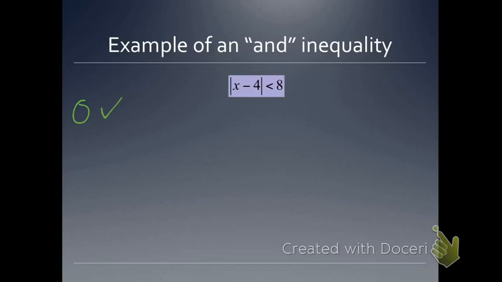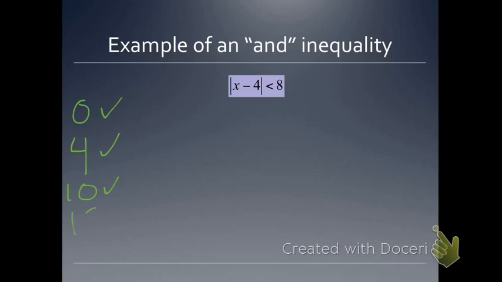Let's do 4 as a solution. 4 minus 4 is 0, absolute value is 0, which is still less than 8. Let's try a bigger number, let's try 10. Is 10 minus 4, which is 6, absolute value, still less than 8.